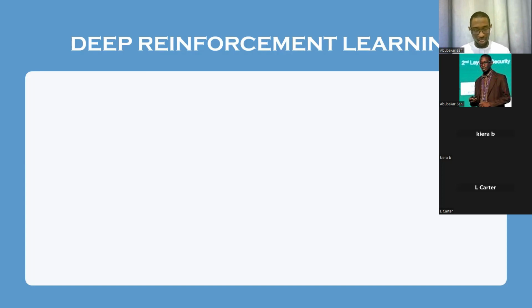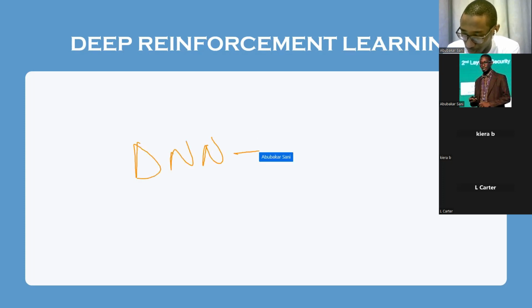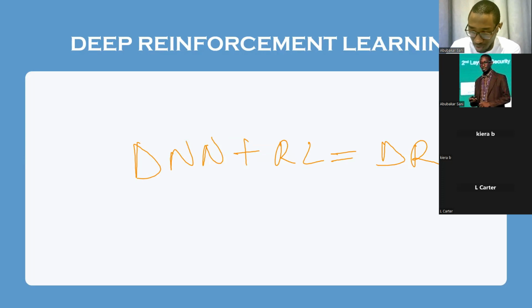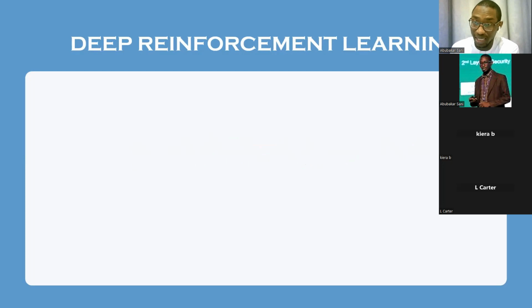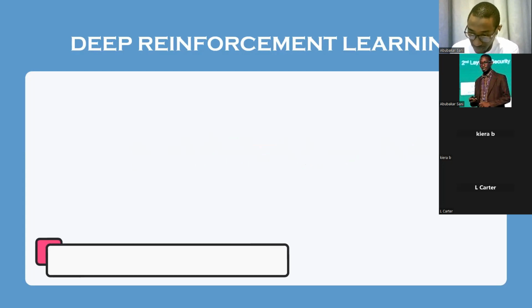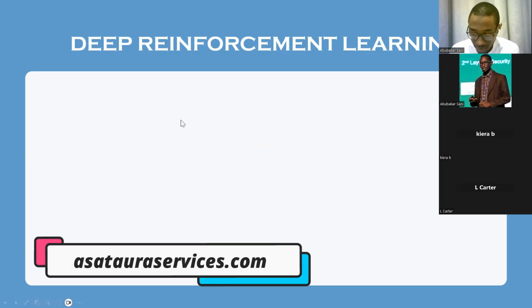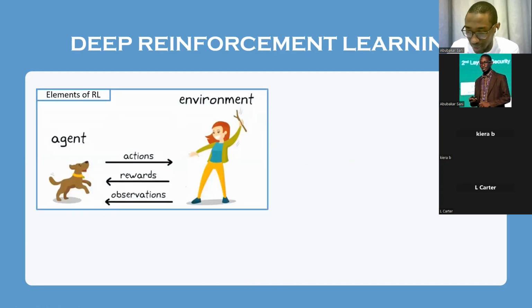When you put deep neural networks plus reinforcement learning together, you get deep reinforcement learning. This is what we call deep reinforcement learning. In this context, we will see how it works.